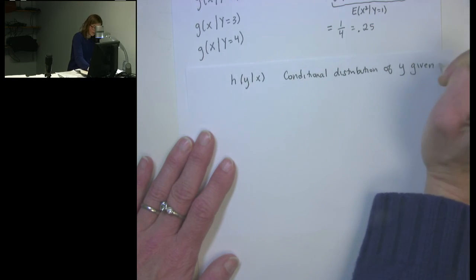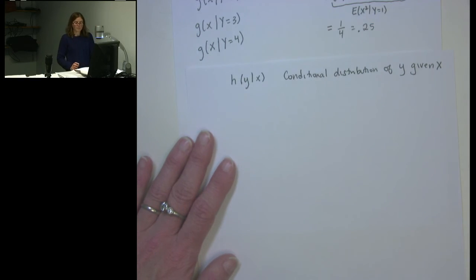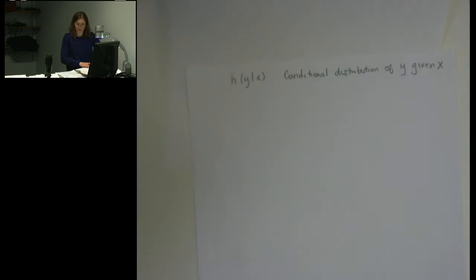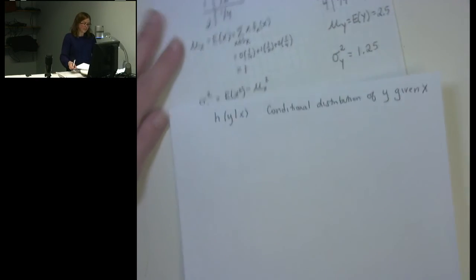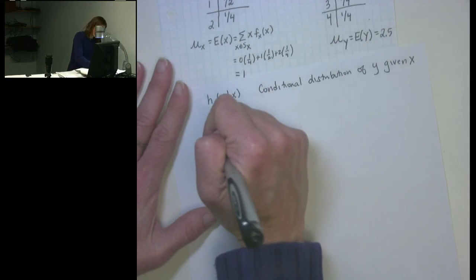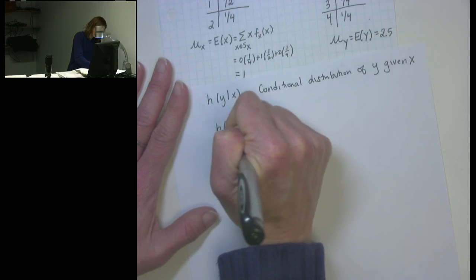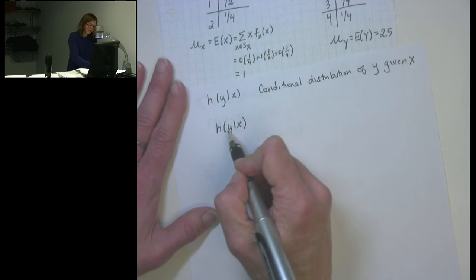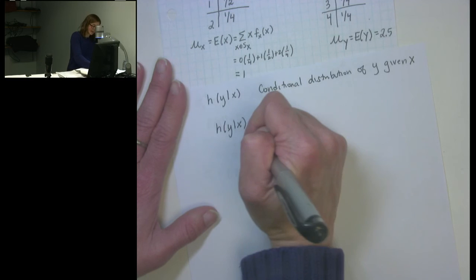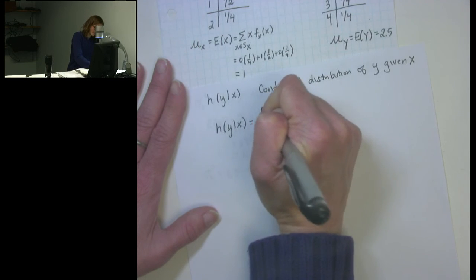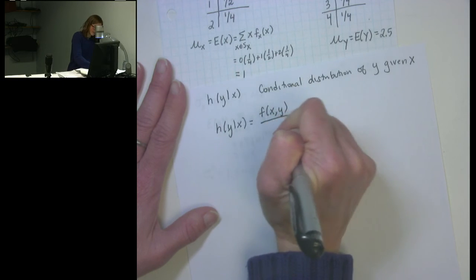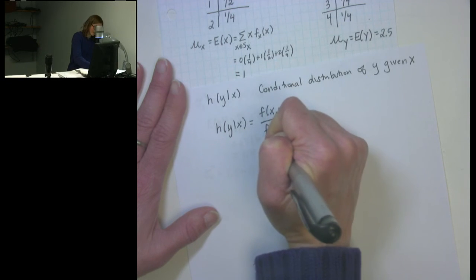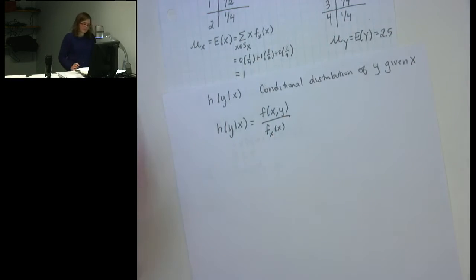Again, we'll need to work with our joint probability mass functions and our marginal probability mass functions to find them, because this conditional probability that y takes on the value little y, given that x is equal to little x, is equal to the joint probability that x is equal to x and y is equal to y, divided by the marginal probability that x is equal to little x.